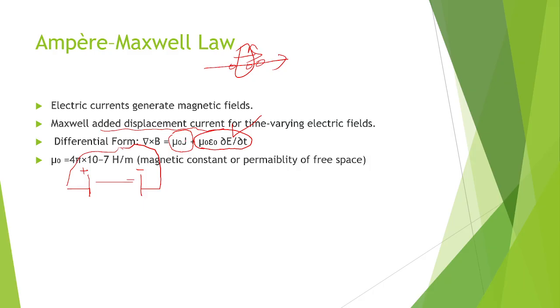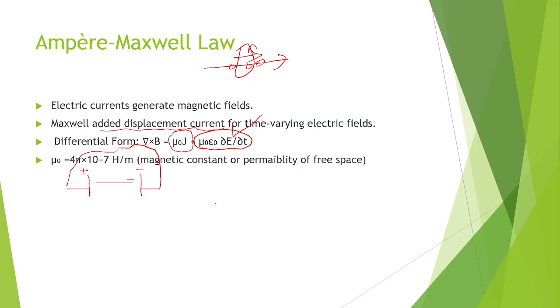When current is flowing in a wire, it creates a magnetic field around the wire.